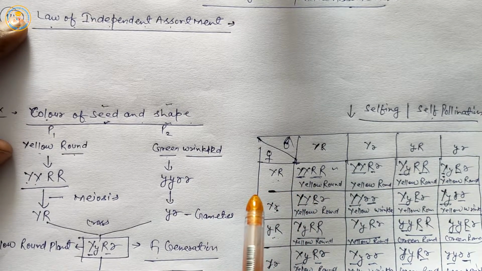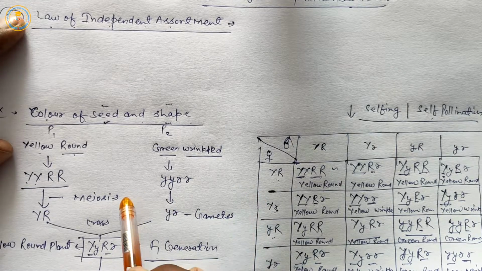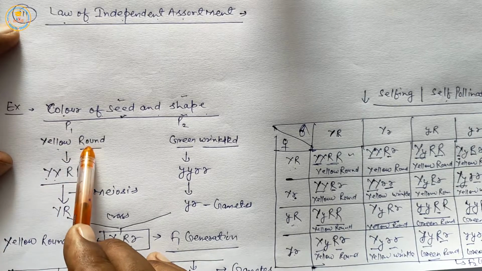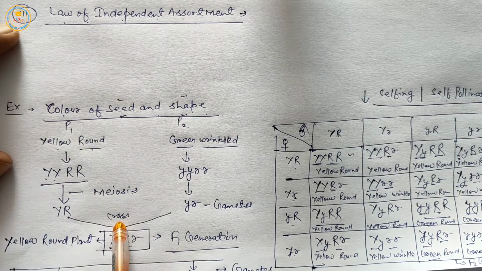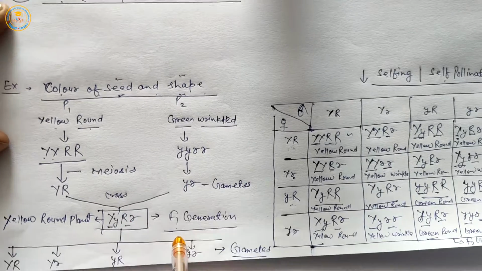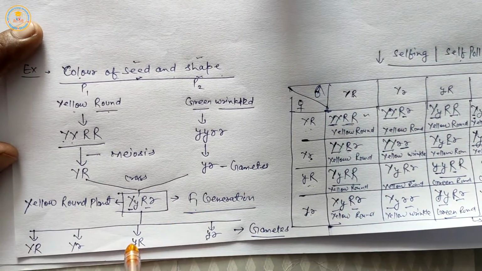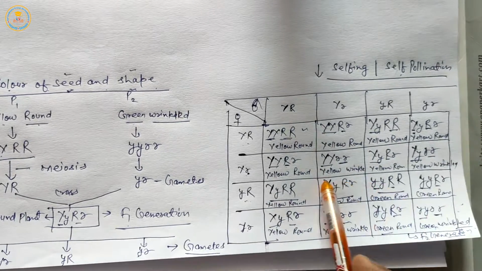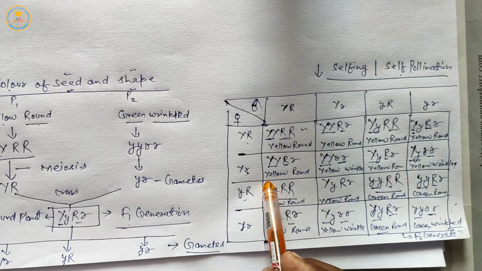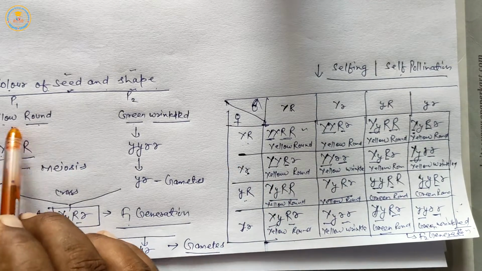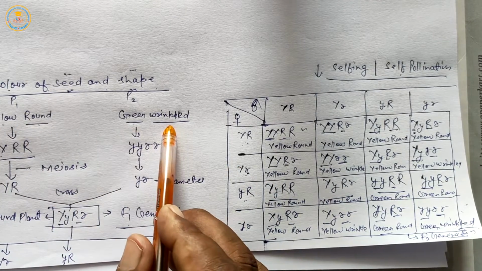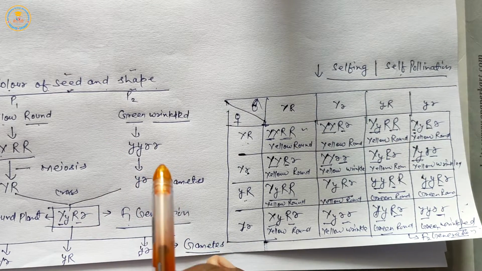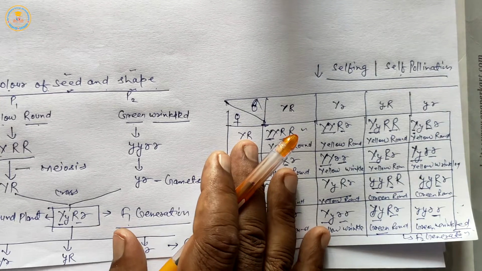So this law is called independent assortment. Once again, when we take two characters and cross them, forming the F1 generation and then the F2 generation, in the F2 generation all characters, meaning yellow round, green wrinkled, are independent. So this law is called independent assortment.